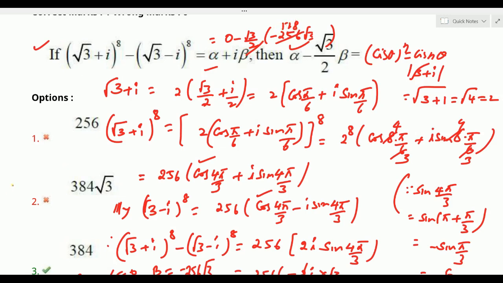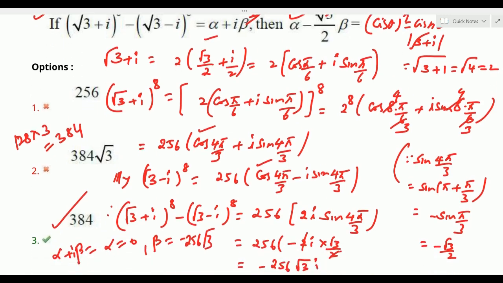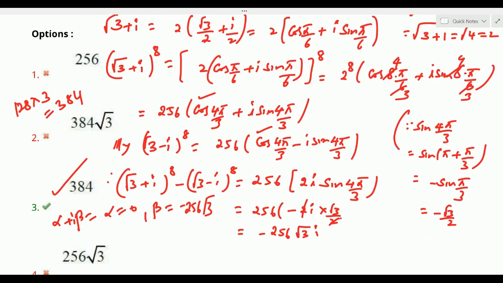Therefore the final answer is 128 into root 3 into root 3, that is 3. 128 3s are 384. That is clearly the third option. Third option is 384. Okay? Beta value is what? Minus 256 root 3. So we need i beta, and we can compare with alpha and beta, writing 256 root 3 as such.